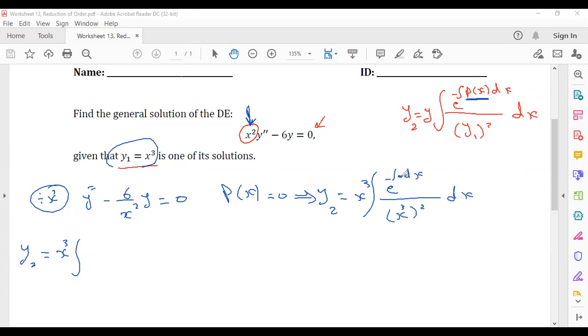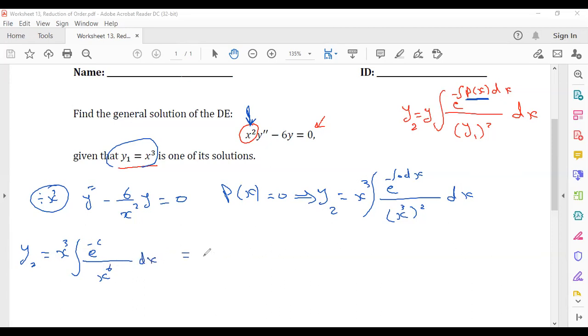What is the integral of 0? A constant. Yes, I can choose my constant to be 0, so you are free. You can choose your constant c or 0. Let me write it as c. So here e to the negative c divided by x to the power 6 dx.